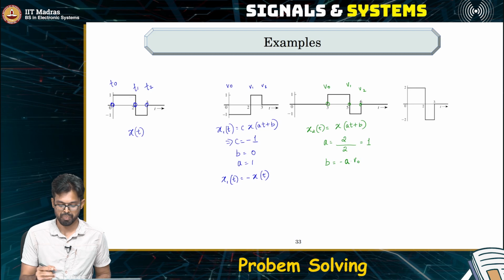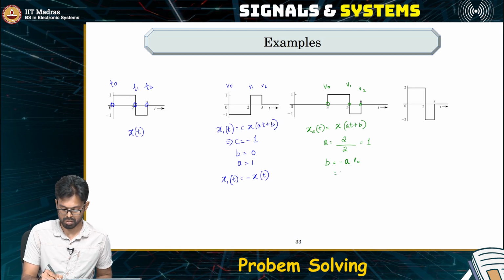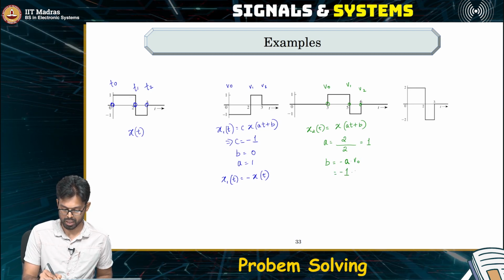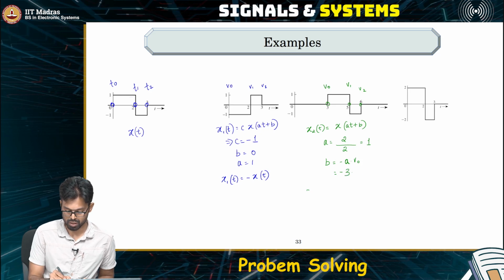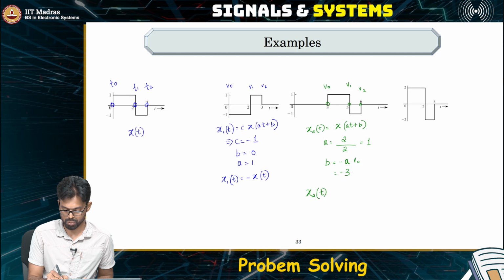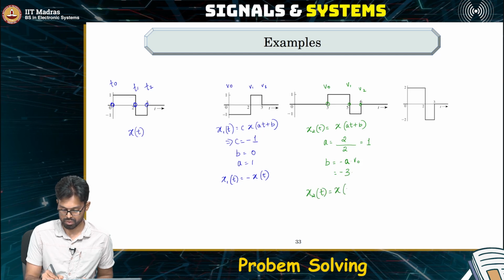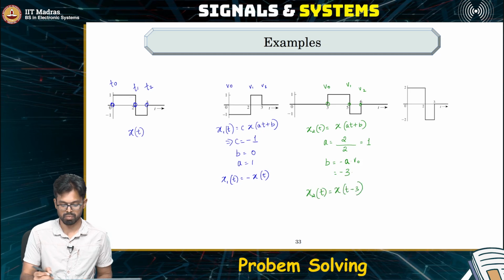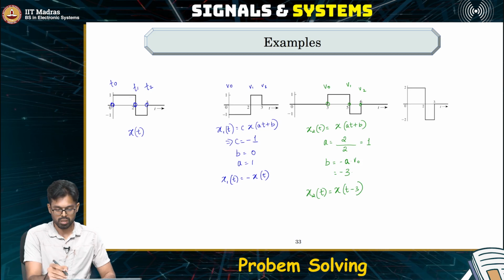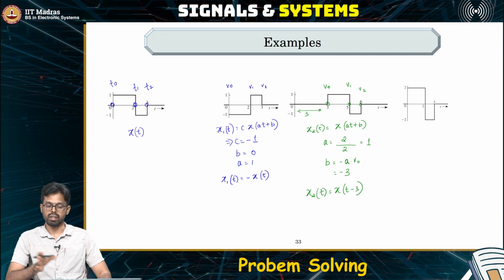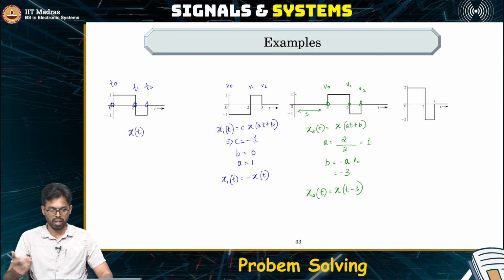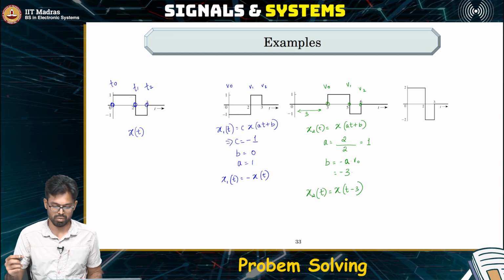Keep that in mind. So that gives us minus 1 times 3, which is minus 3. So x2 of t is x of t minus 3, which also makes sense because this is shifted by 3 time instances to the right. Right means b is negative, and we found out what the shift of origin should be.